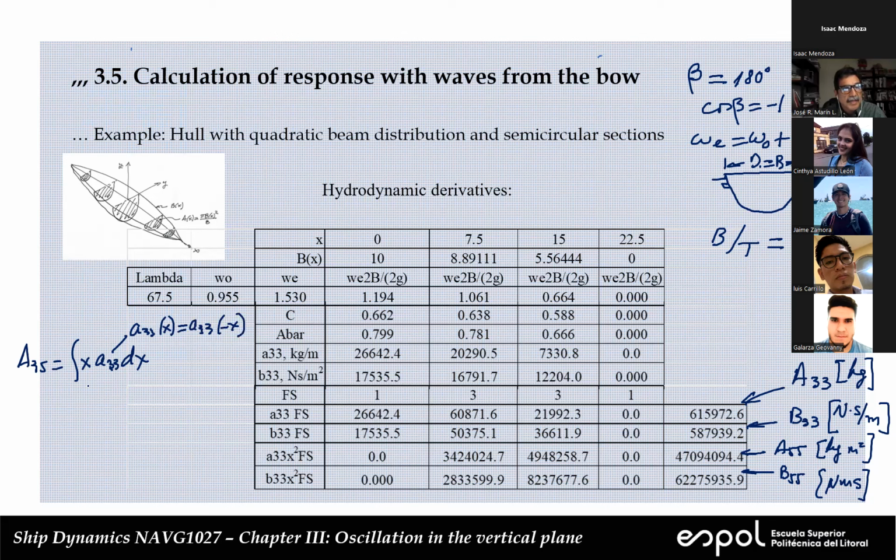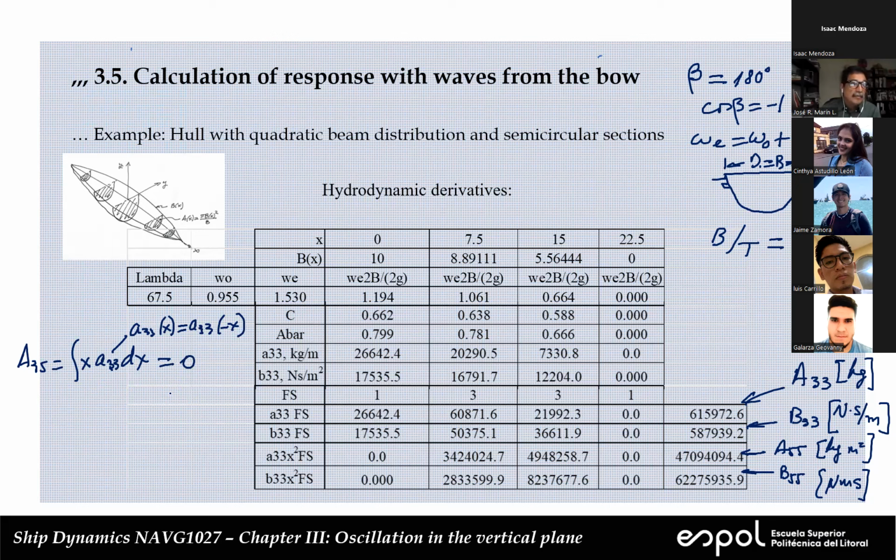So when you integrate, you get 0. So that's equal to 0 in this case, which is a symmetric hull. When it is not the case, then you obtain a certain value, which is different than 0. Okay, doctor, thank you.